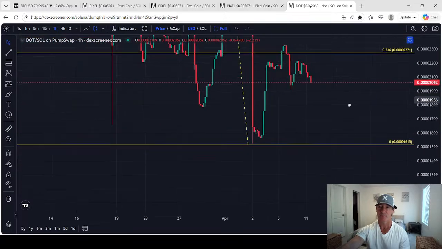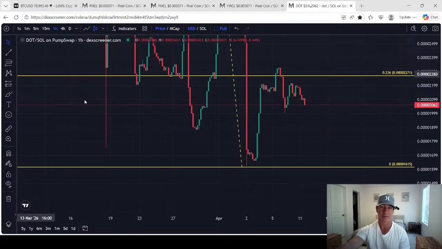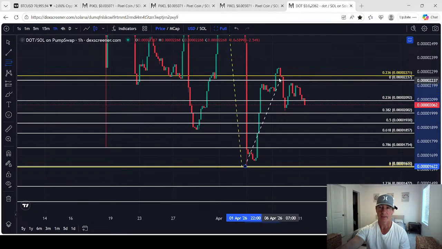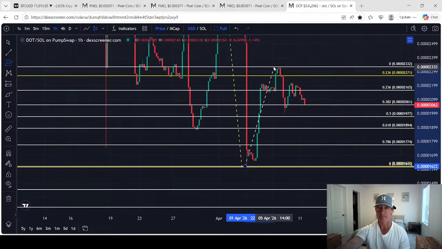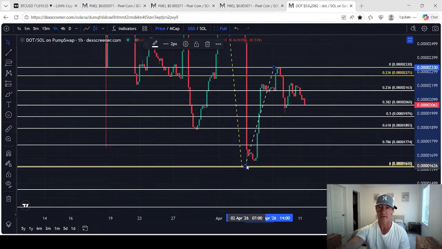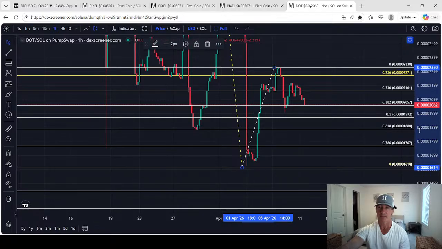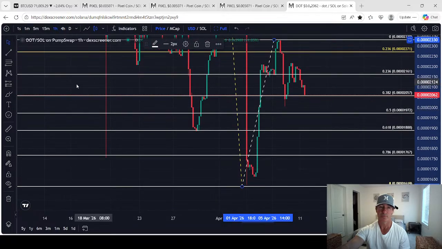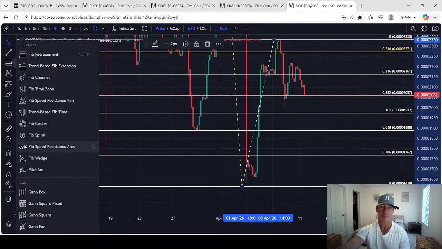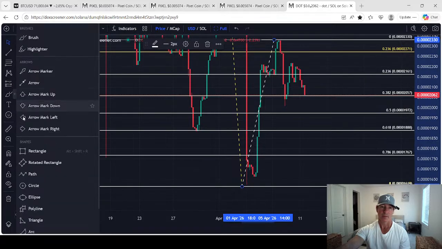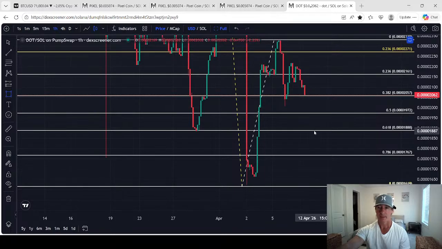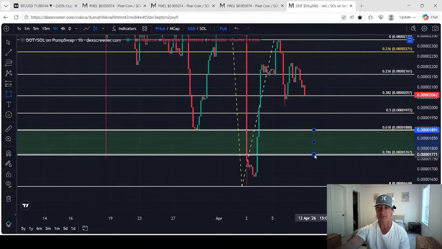If you want to look for lower targets, go here and go here. Trying to hold this 382. 786.